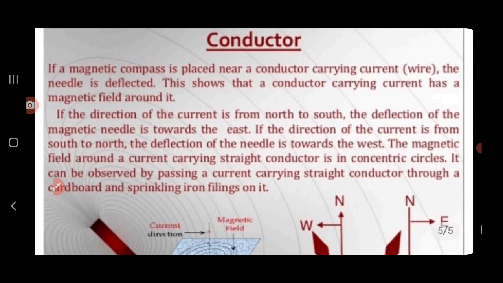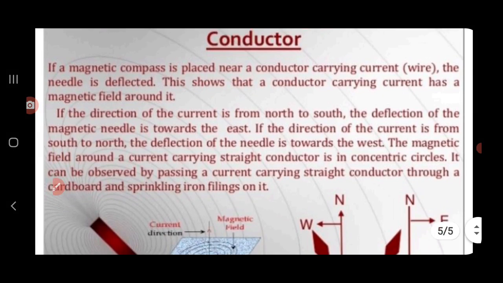Suppose a current carrying wire is there, and some iron dust is kept around it. Whenever current is passing through the wire, we will see the iron particles arrange themselves in the form of concentric circles, and these concentric circles are nothing but the magnetic lines of force.